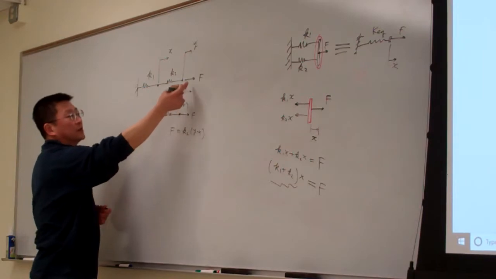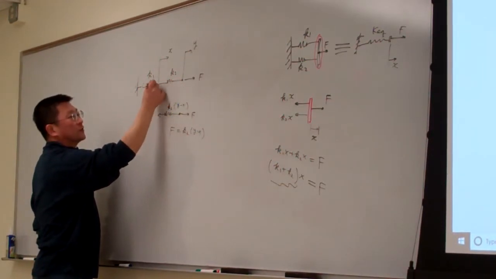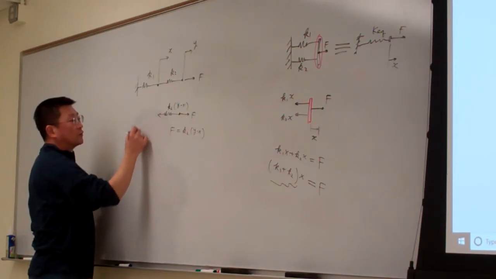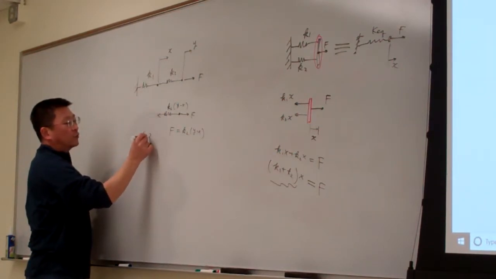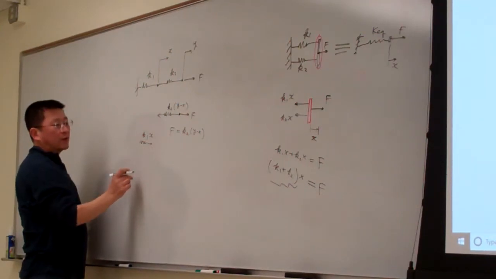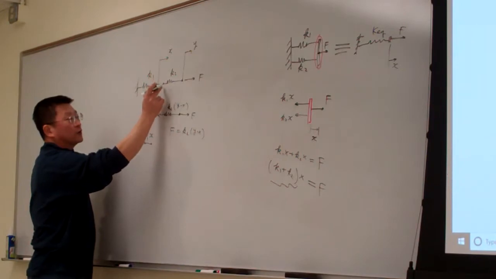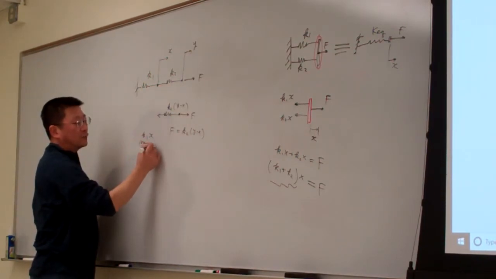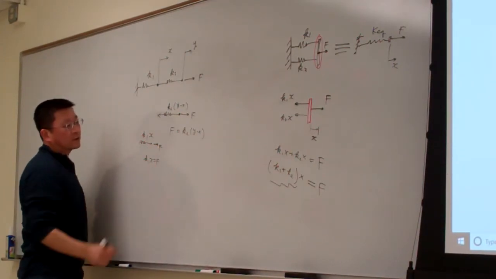On the other side, because they are in series combinations, the force is transmitted to here. So basically here we're taking the free body diagram of K1. K1, due to the displacement x, will produce the counter force, the restoring force K1x, and again this is transmitted at this point due to action-reaction, that is a force F. So K1x equal to F. Okay?